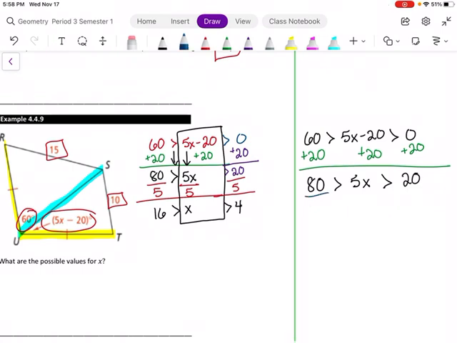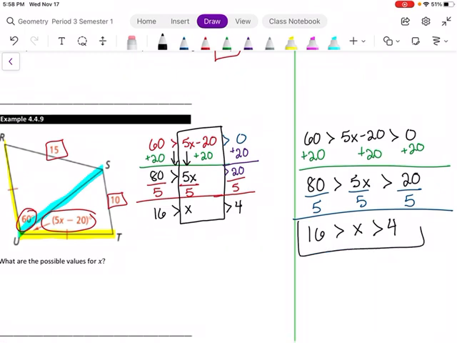And then we would divide everything by 5. And that is where we would get our final inequality of 16 is greater than x, which is greater than 4. There you go.